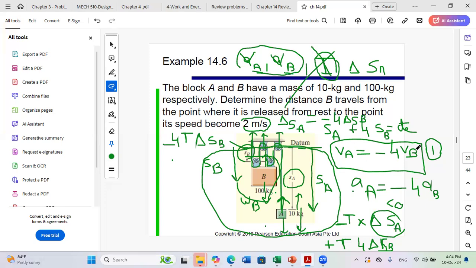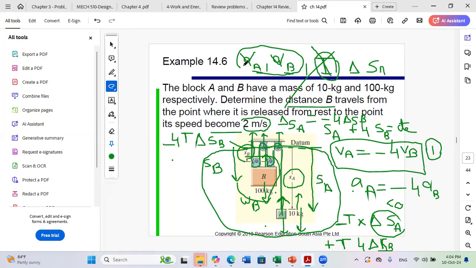Here, in general, the velocities are unknown, but instead of having VB unknown, they gave us the velocity of B, because they said determine the distance B travels when the velocity of B will become 2 meters per second. So instead of having a velocity unknown, they gave us a distance that is unknown.